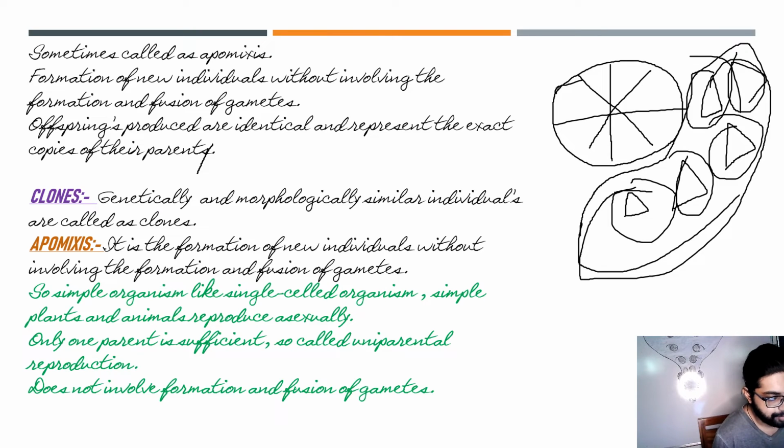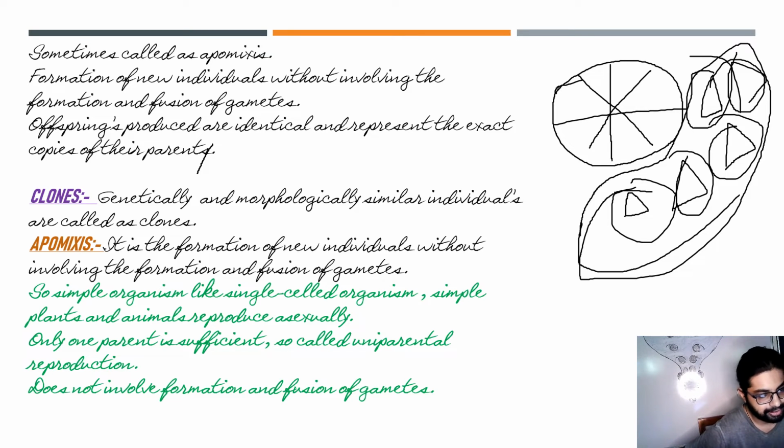Now what is apomixis? It is the formation of new individuals without the formation and fusion of gametes. So only one parent is involved, and that is the body only. Simple organisms like single celled organisms, for example amoeba, paramecium, simple plants and animals reproduce asexually.